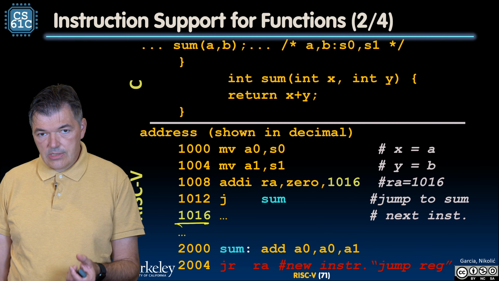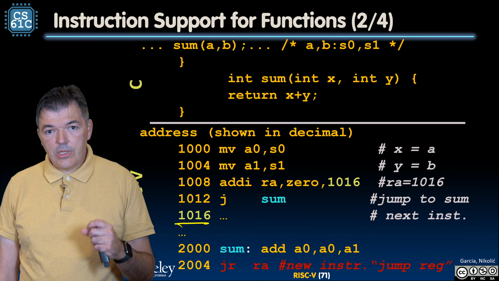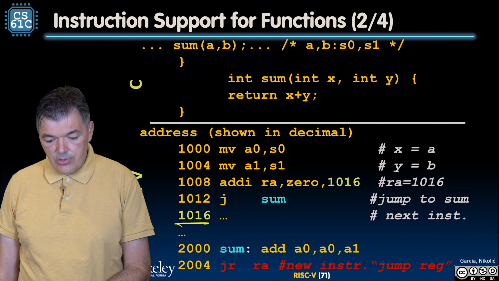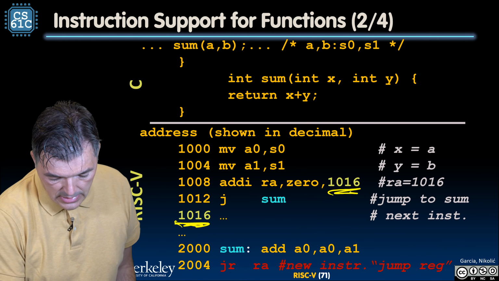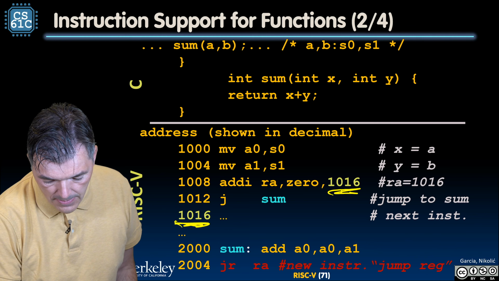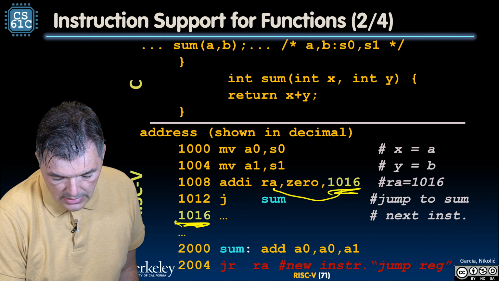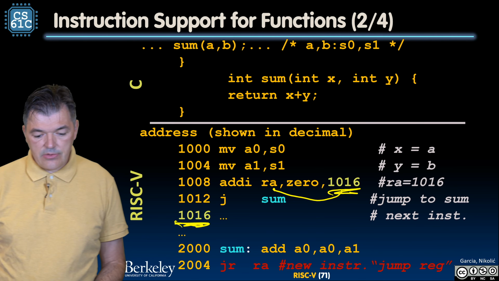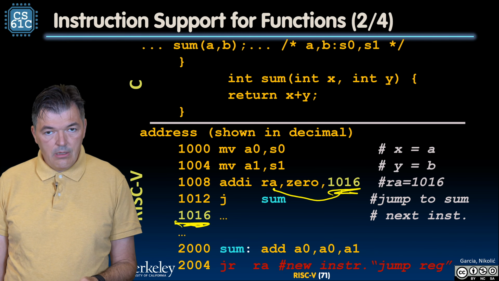Those are the ones that are going to be passed to the function. And then we need to prepare for the return. We are going to take the next instruction here, 1016, and put it as a return address in the RA register. Then we are ready to jump to the function.